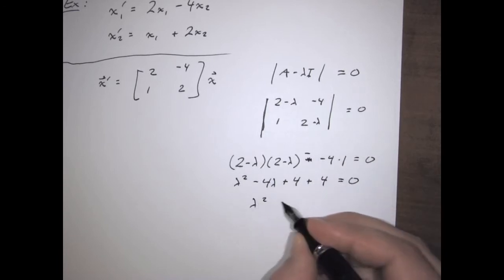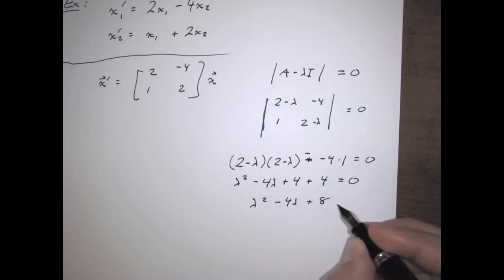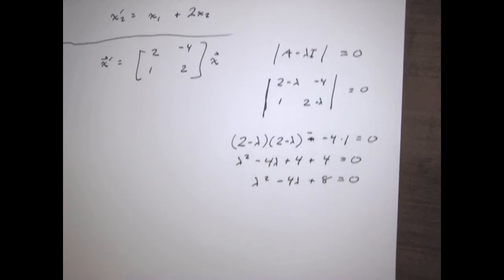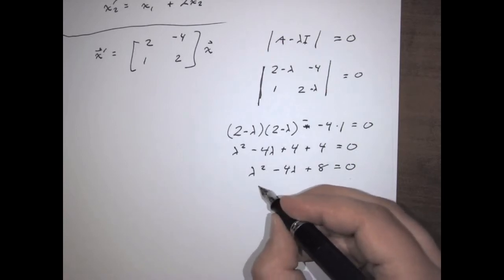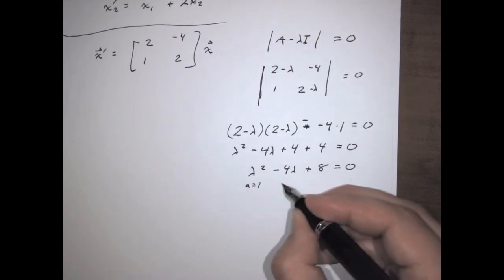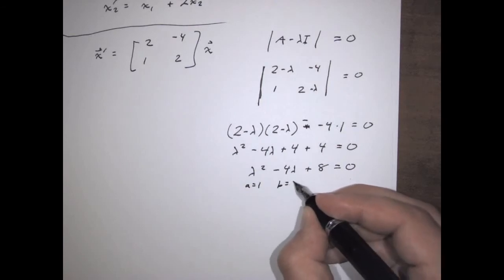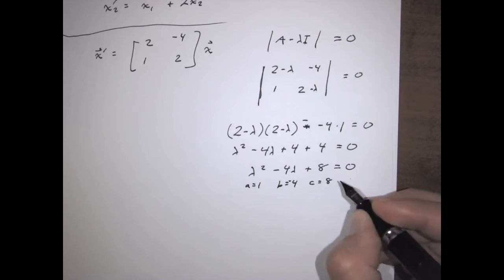So lambda squared minus 4 lambda plus 8 equals 0. So you can complete the square of this easily or use the quadratic formula. And we'll just go ahead and use the quadratic formula. A is 1, B is negative 4, C is 8.